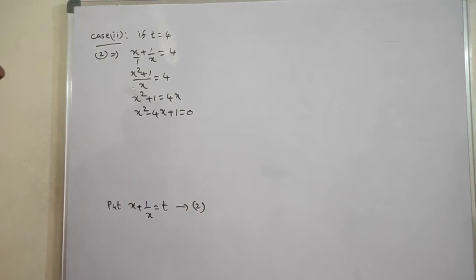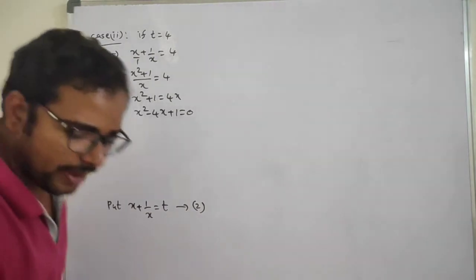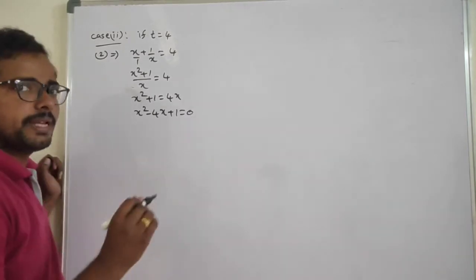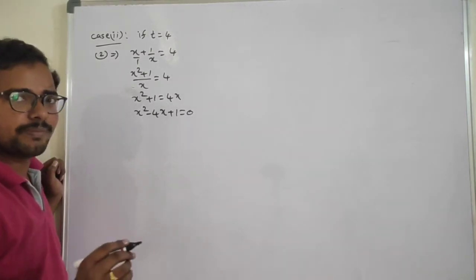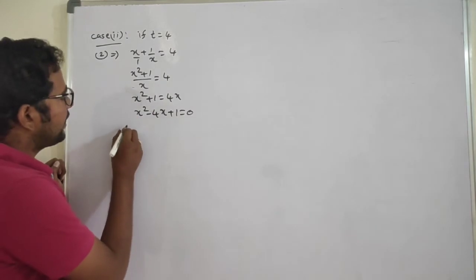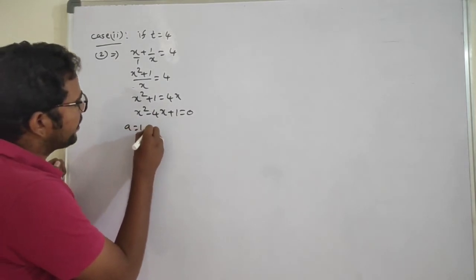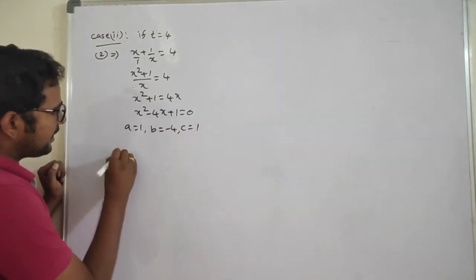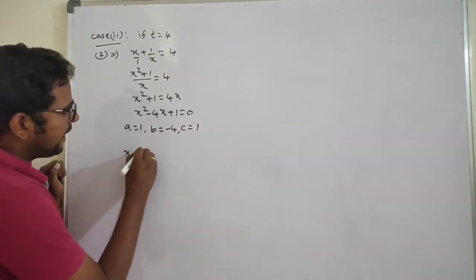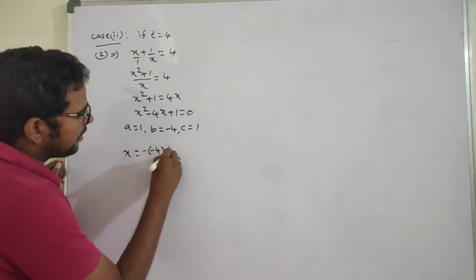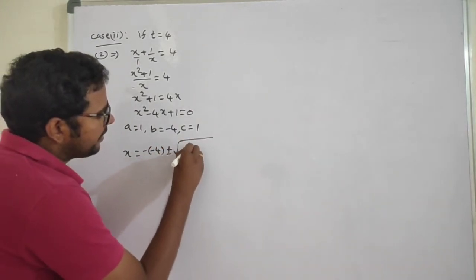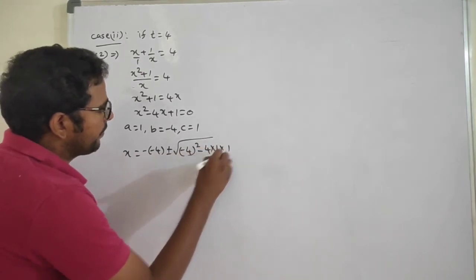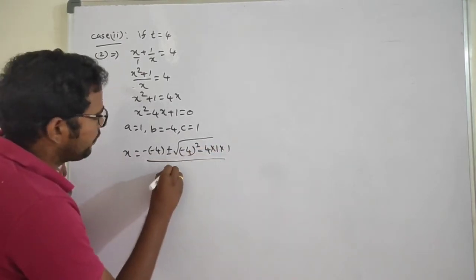x square minus 4x plus 1 is equal to 0. Here also factors are not possible. So find by using the formula minus b plus or minus under root of b square minus 4ac by 2a. What is a? a is equal to 1, b is equal to minus 4, c is equal to 1. So x is equal to minus of minus 4 plus or minus under root of b square minus 4ac, 4 into 1 into 1, by 2a, 2 into 1.